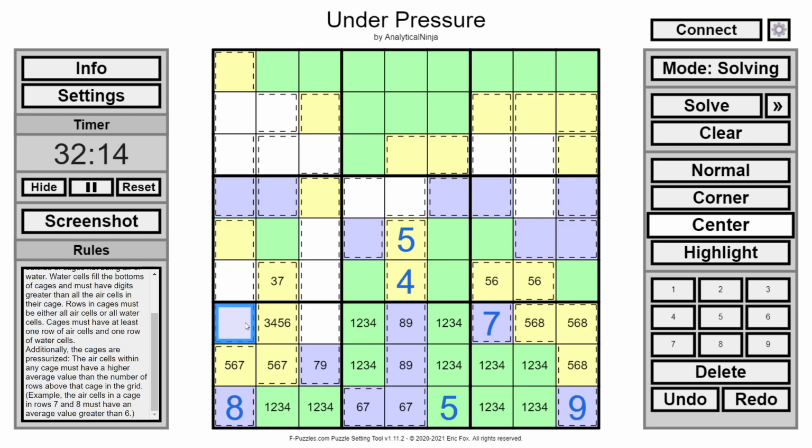But if we try to make this a 1, 2, 3, or 4, then that means none of these air cells could be greater than 4, or even greater than 3, which obviously is going to mean the average isn't possible. So even if this is a 4 in the 1, 2, 3, 4, we couldn't make this work if we put this here. This breaks the puzzle. So this can't be a 1, 2, 3, or 4. Which makes this a 1, 2, 3, or 4, and this a 1, 2, 3, or 4.